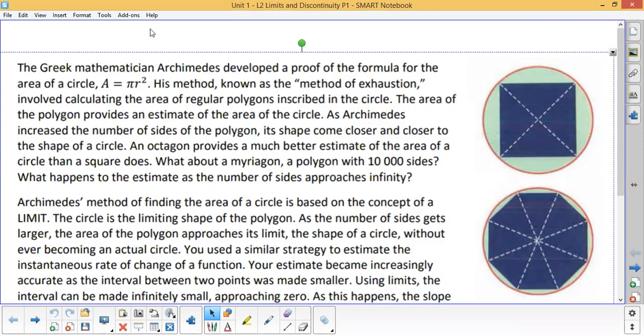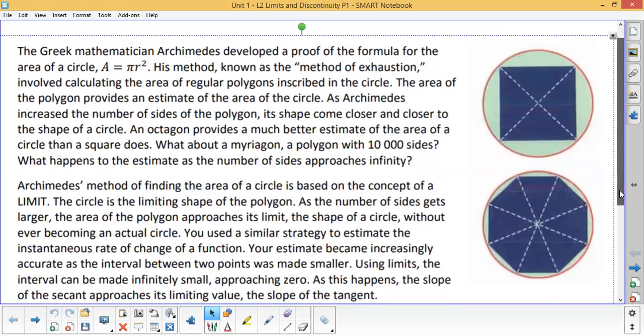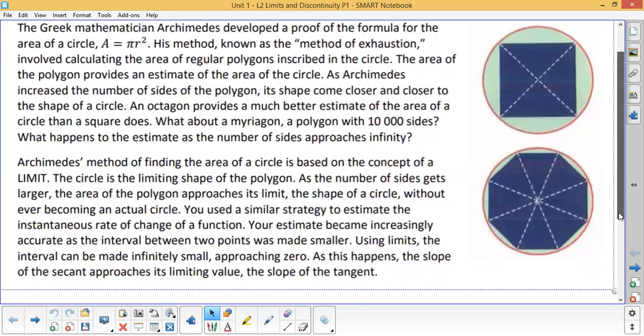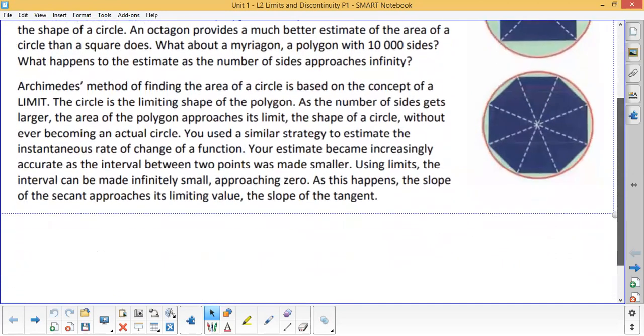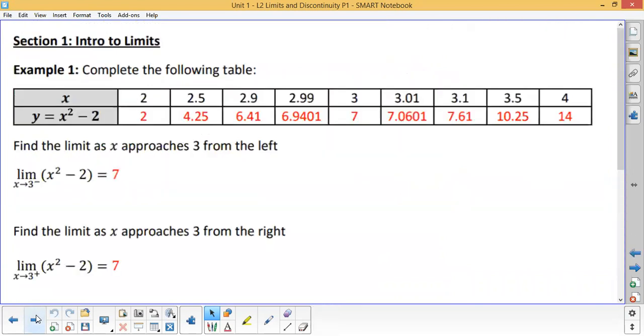So this is a little blurb for you to read on your own about Archimedes and his contributions to the whole concept of limits and limits approaching infinity, which we're going to touch upon a little bit tomorrow. So we're going to try to include little interesting facts in our lessons as we move along.